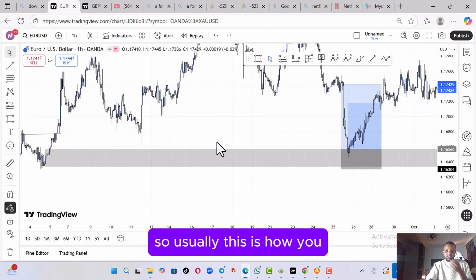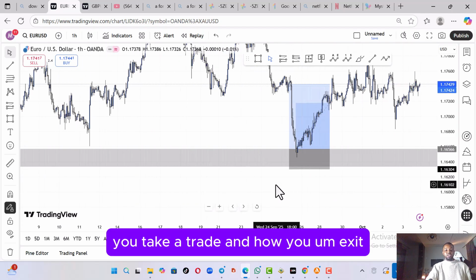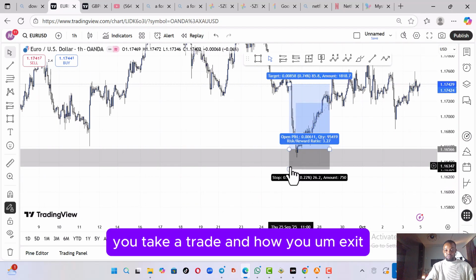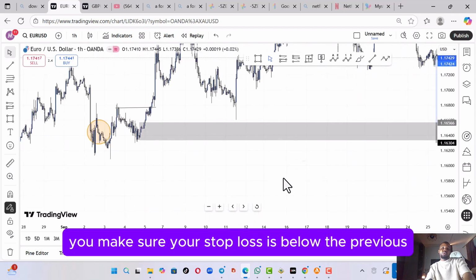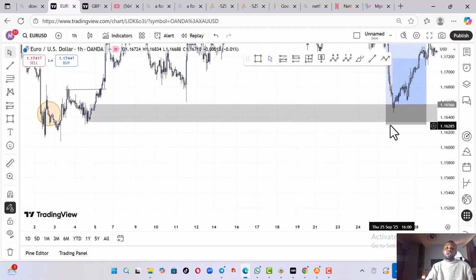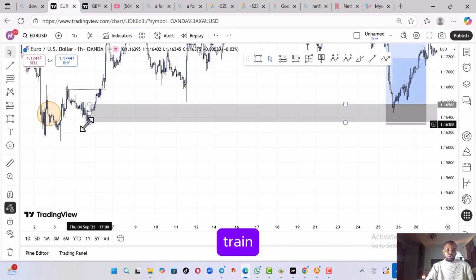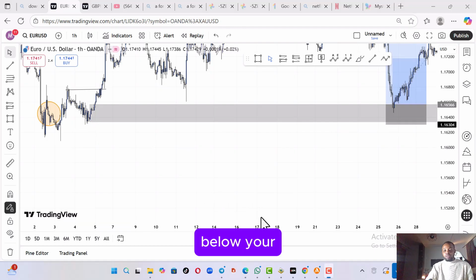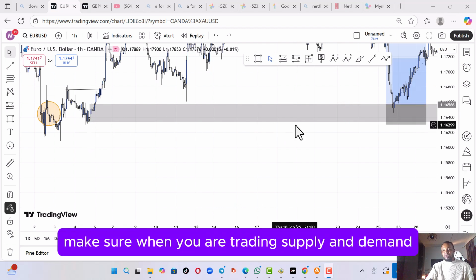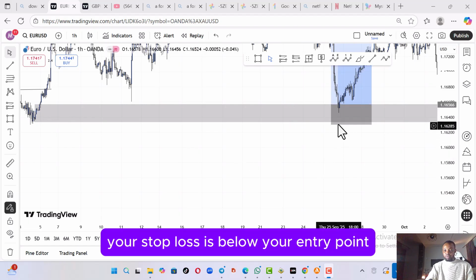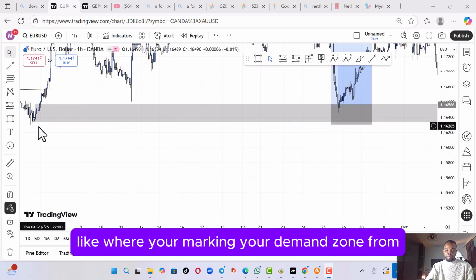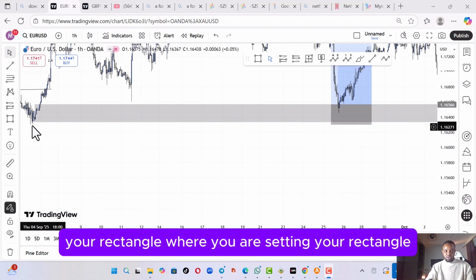So usually this is how you take a trade and how you exit. Okay, you wait for it. When you are trading supply and demand, make sure your stop loss is below your entry point, where you are marking your demand zone from your rectangle.